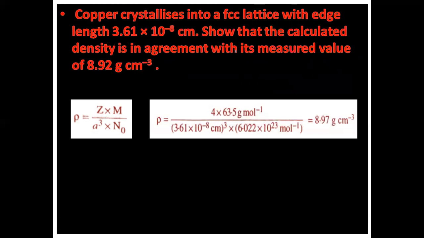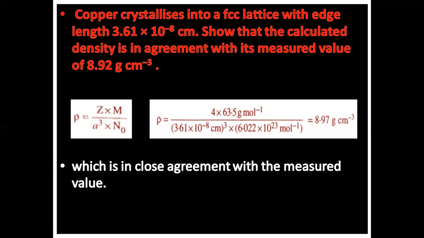By putting the value of Z, that is in FCC 4, and molar mass 63.5 divided by A cube 3.61 into 10 raised to power minus 8 centimeter, and Avogadro's number 6.02 into 10 raised to power 23, the density is 8.97 gram per centimeter cube, which is in close agreement with the given value.